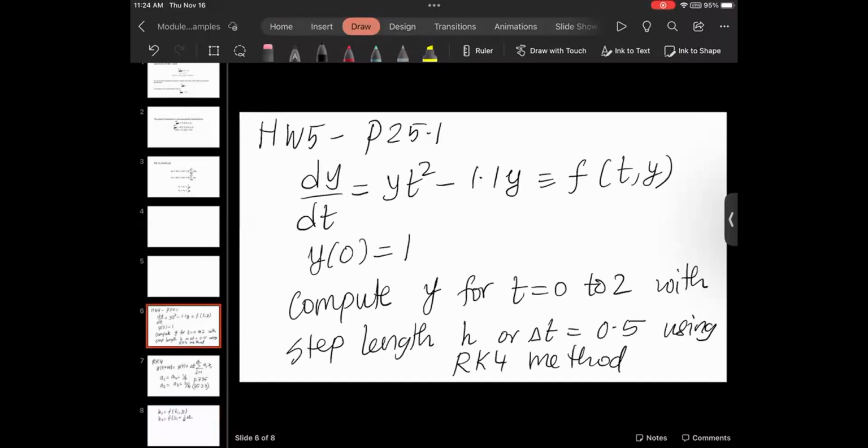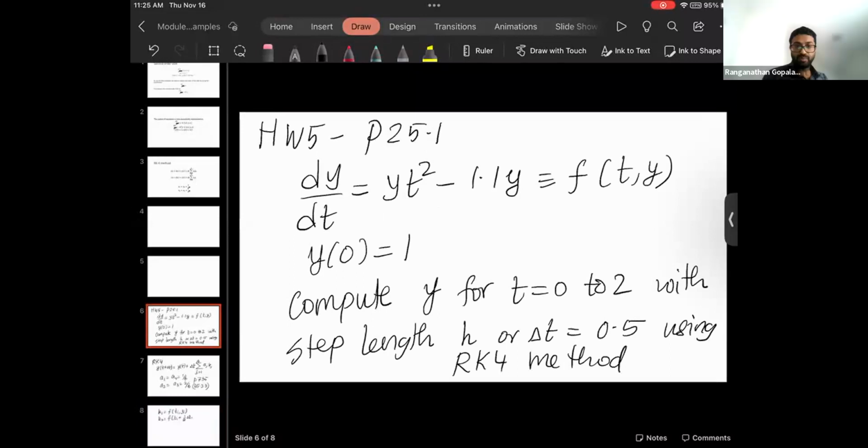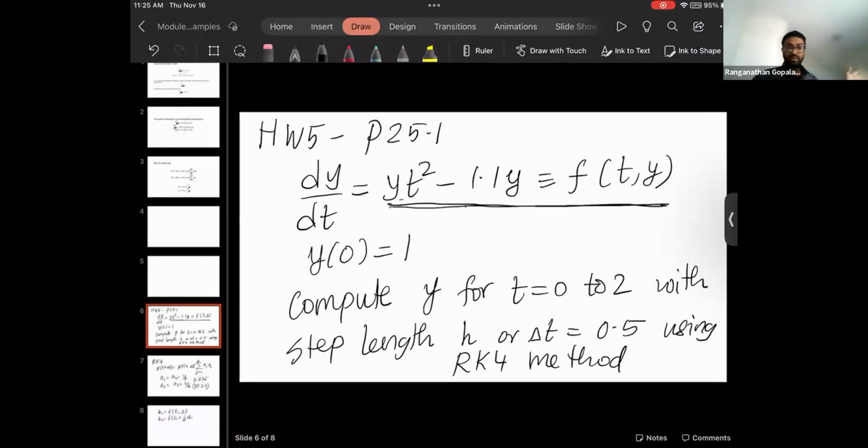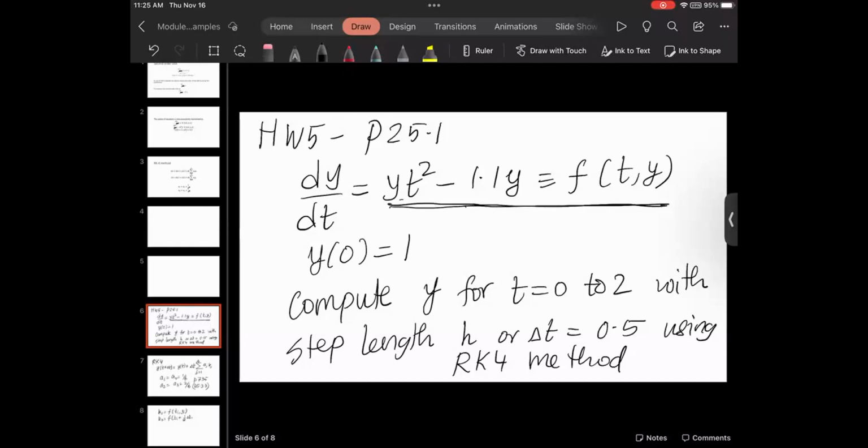Like the function that we start with. Yeah, that is going to be y t squared minus 1.1y. This is the problem we are trying to solve now. This is one of the problems in the homework. Is that clear? Yes, okay, it's clear.